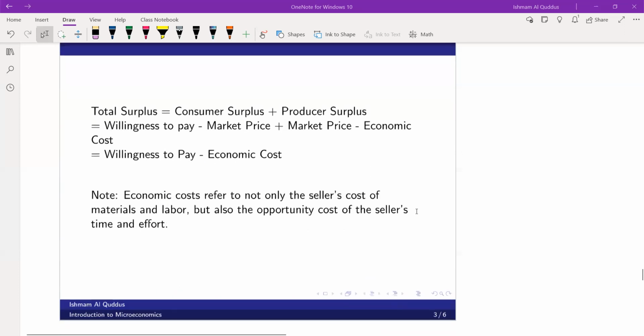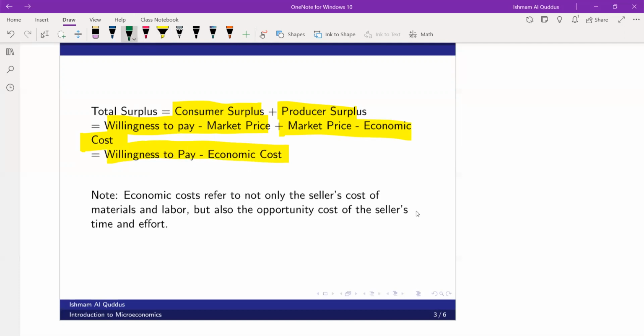Now, how do we calculate total surplus? It is very easy. We just add consumer surplus and producer surplus. That's it. So we know consumer surplus is willingness to pay minus market price, and producer surplus is market price minus economic cost. So we get willingness to pay minus economic cost.